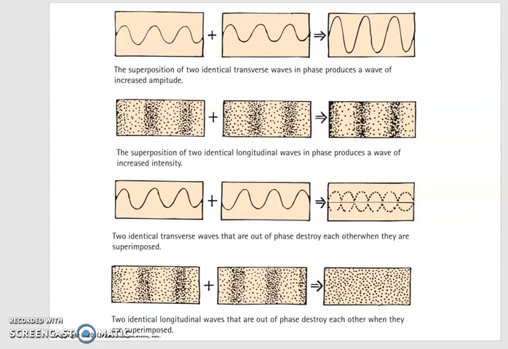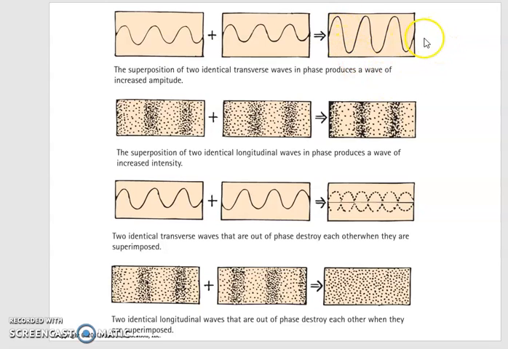So now let's try to summarize what we just mentioned. If you have two identical transverse waves in phase, what we mean by in phase is that during the time of overlapping, they are always crest to crest and trough to trough. In that case, you simply sum the amplitudes of the two waves together.